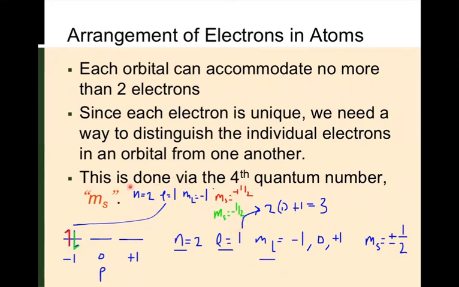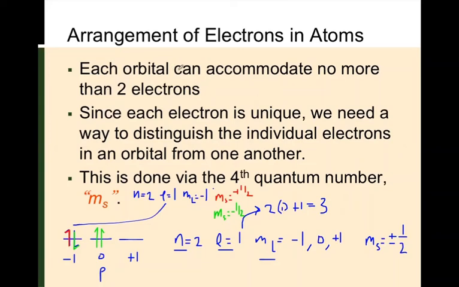And so that's how we get different sets of quantum numbers. That's why we can't have two electrons pointing in the same direction. We can't have up and up, because then the MS values would be the same, and that's not allowed due to the Pauli exclusion principle. But we'll learn more about that at the start of chapter 7.